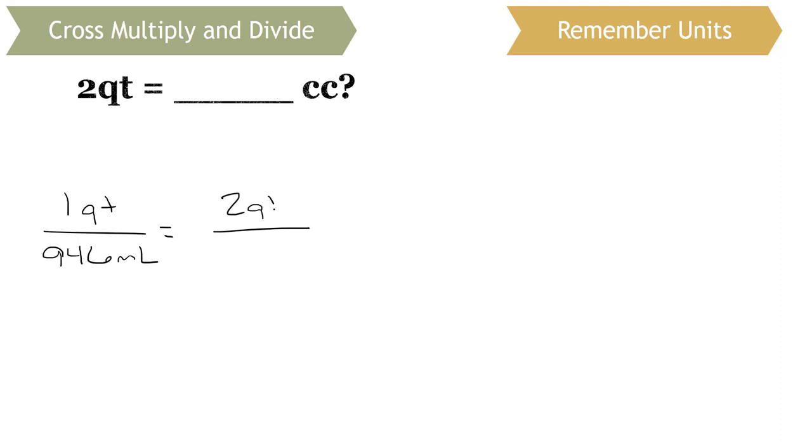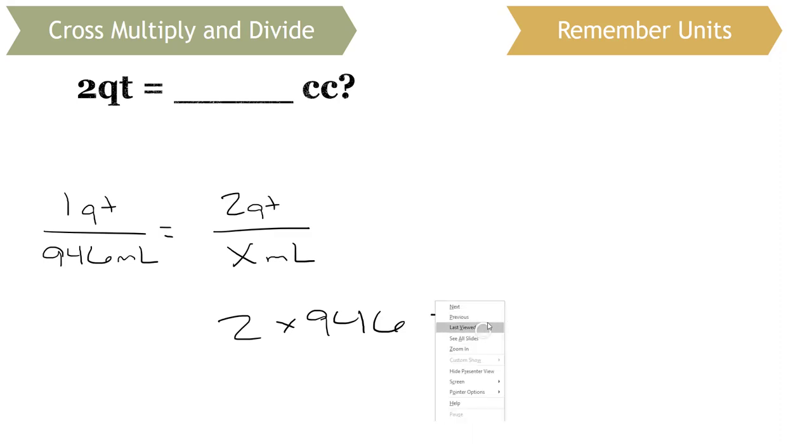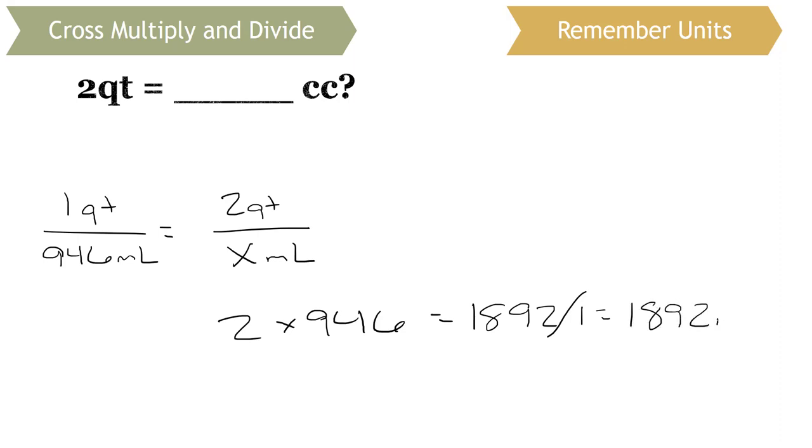We have 2 quarts, so how many milliliters would that be? 2 times 946 is equal to 1892, and then we're going to take that and divide by 1. We get 1892 milliliters. Remember, milliliters and cc's are the same thing, so 2 quarts is equal to 1892 milliliters.